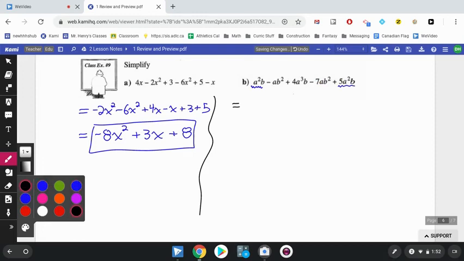So I'll put those together. A squared b plus 5a squared b. Those were grouped together. Next, I'll just go left to right. Minus ab squared, plus 4a cubed b. No, that's not the same. It has an a cubed and it can't. Minus 7ab squared, that is the same.